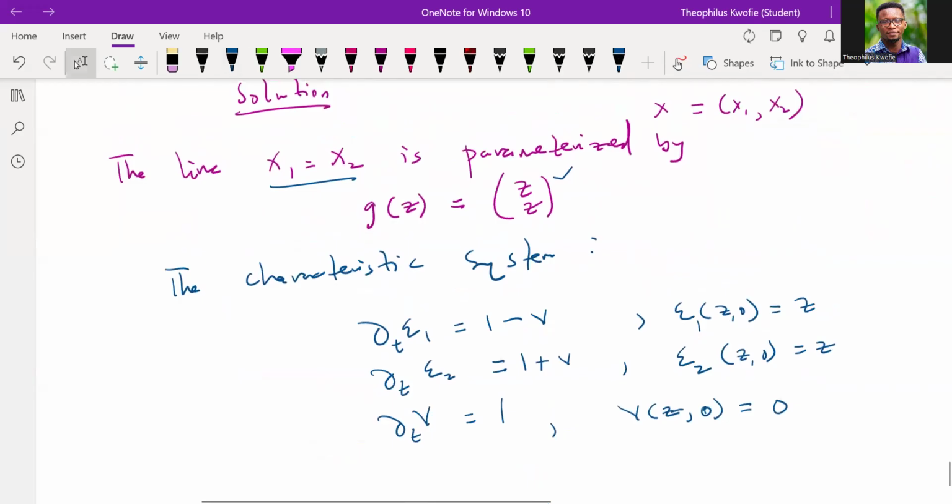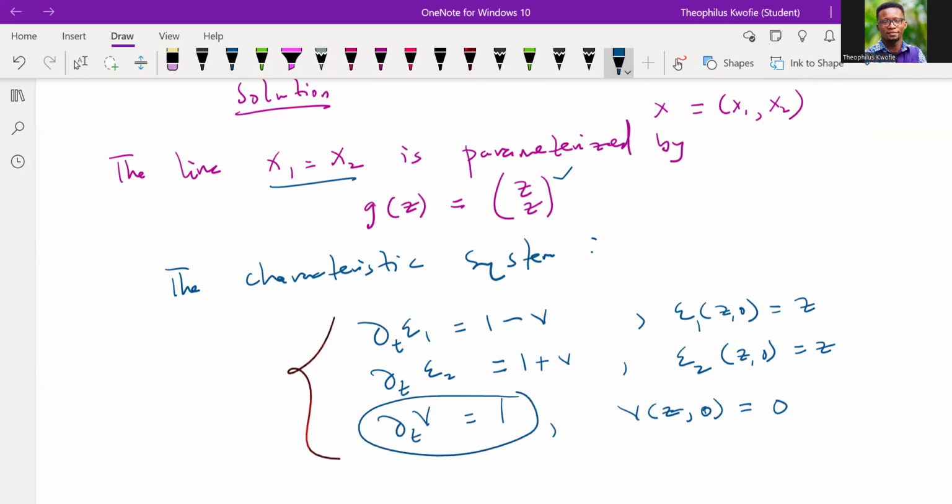Very important. Now what we are left to do is to solve this particular problem. When we look at how we can solve the system, the easiest way is to first solve the v equation, because the partials of the xi's are in terms of v. So it's important that we solve this particular system first.